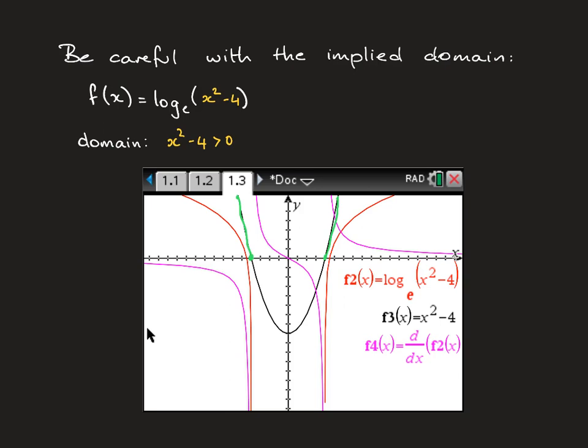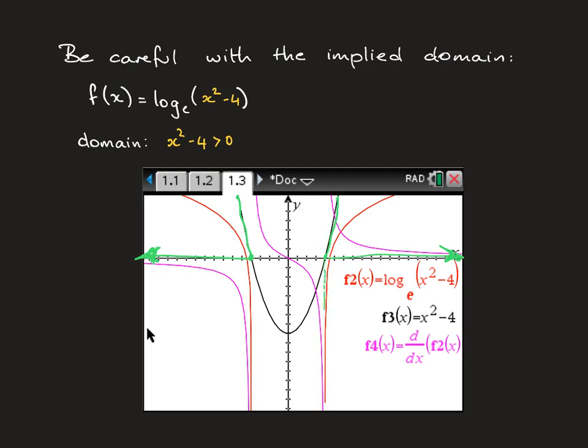So our log function actually only exists for these values here, this way and this way. That's our domain. You can see that I've graphed our log function here in red, and it asymptotes along that line.